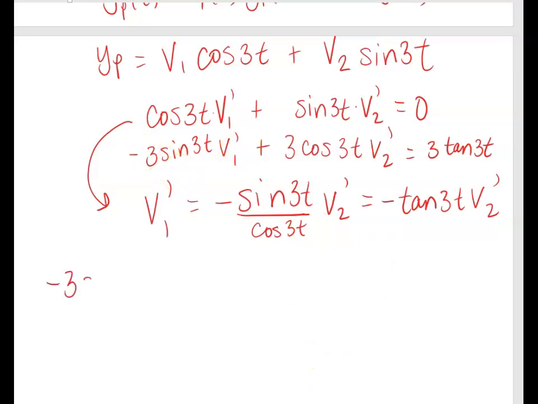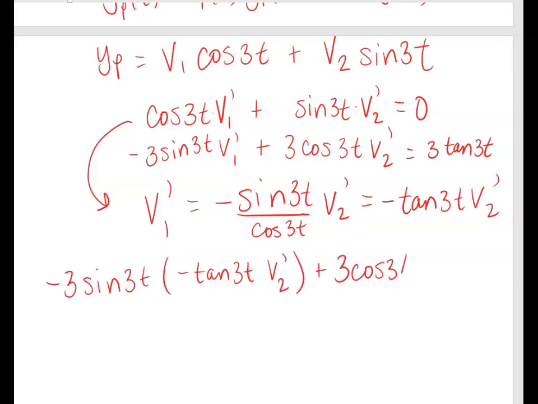So I have negative 3 sine of 3t times negative tangent of 3t times v2 prime plus 3 cosine of 3t times v2 prime equals 3 tangent of 3t. And this is a horrible looking equation, but the point is it's only got one variable, and that's the v2 prime that I need to solve for.